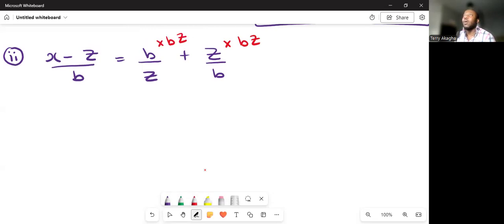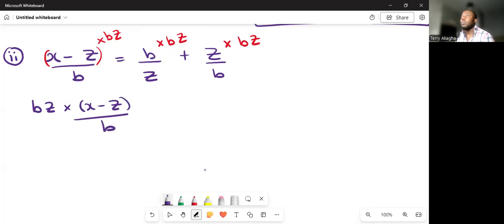Then I multiply all this by bz. So then we can now say it's going to become bz multiplied by (x minus z) over b equal to bz multiplied by b over z plus bz multiplied by z over b.